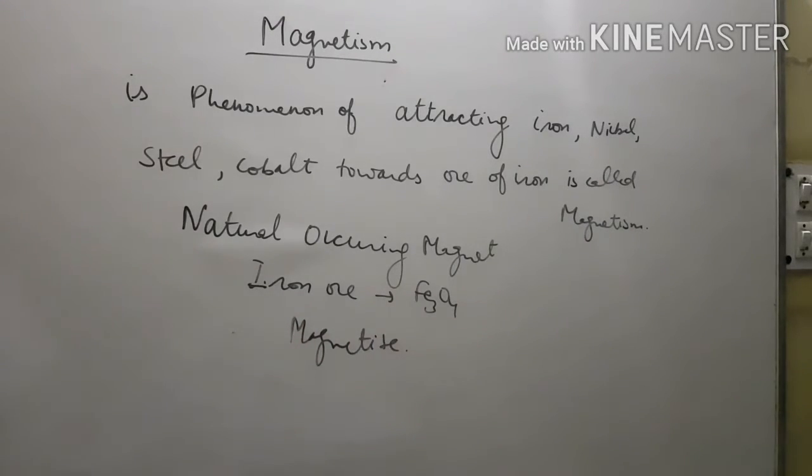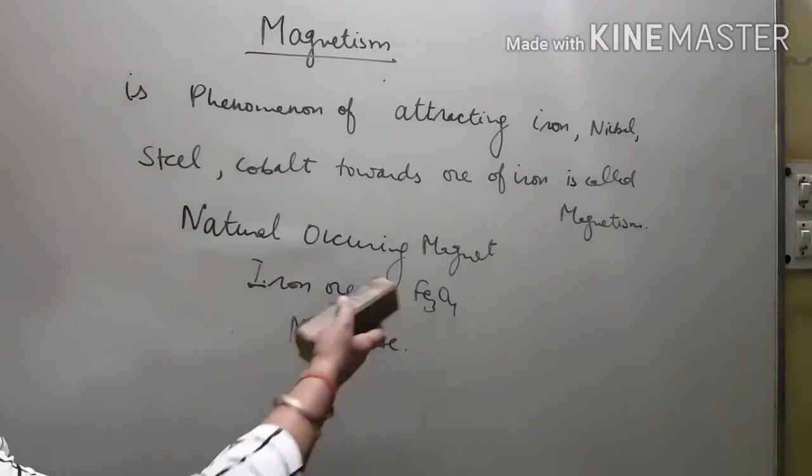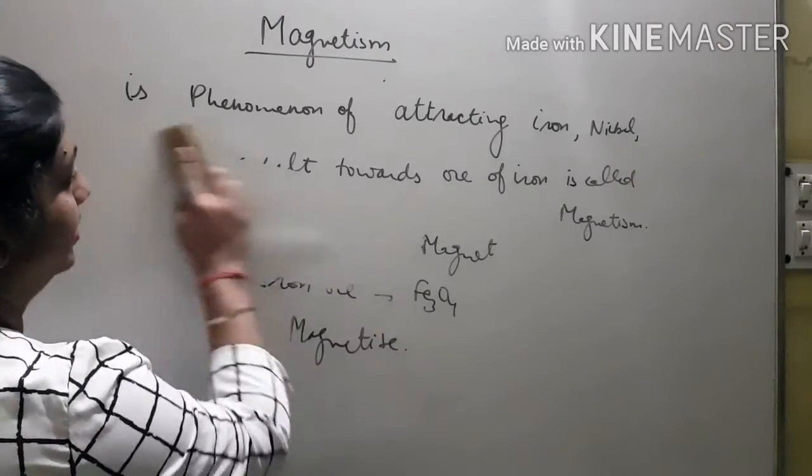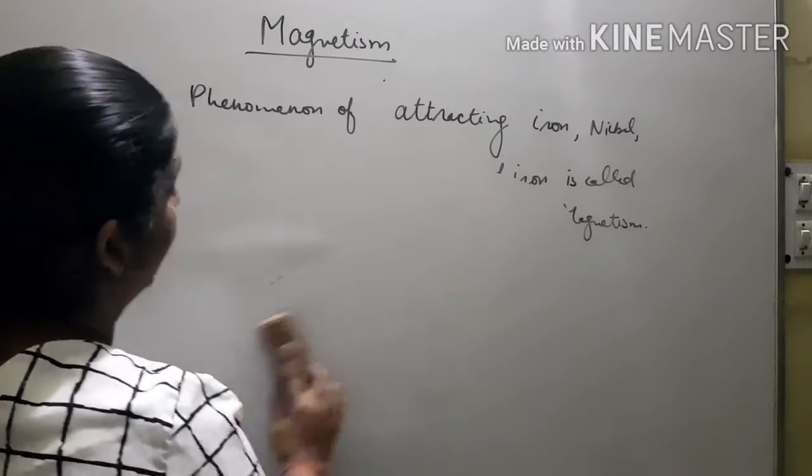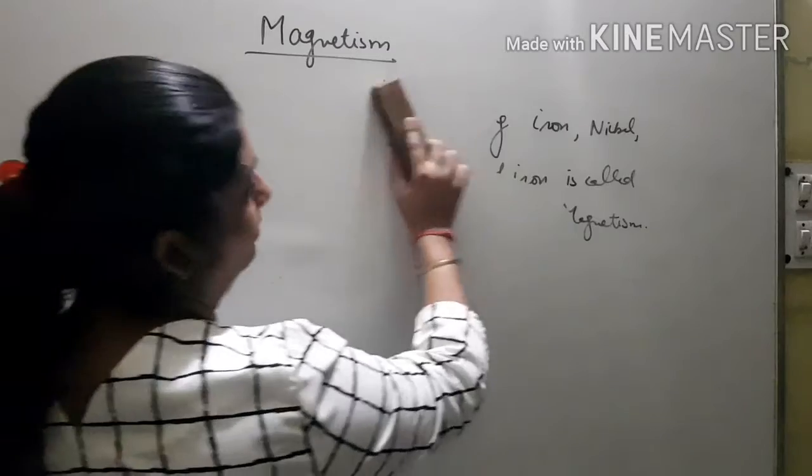But there are some artificial magnets also. The magnets which are made up of iron and steel are called artificial magnets. The magnets obtained from iron, nickel, steel are called artificial magnets.